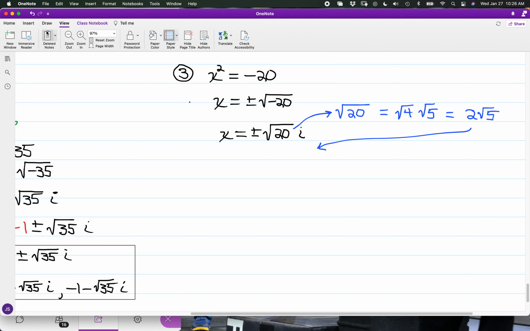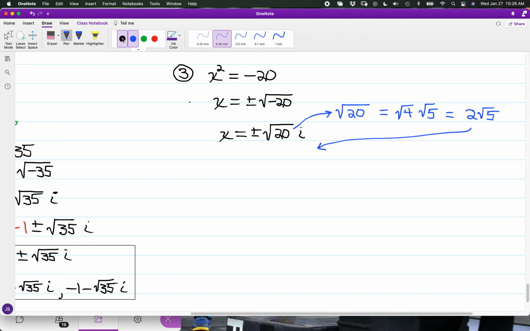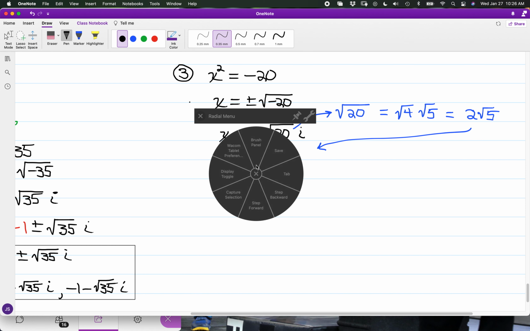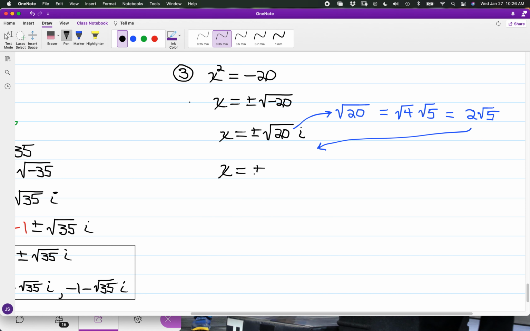So for what we have in x, x is equal to plus or minus 2 times the square root of 5 times i.